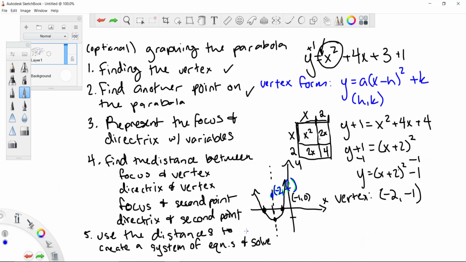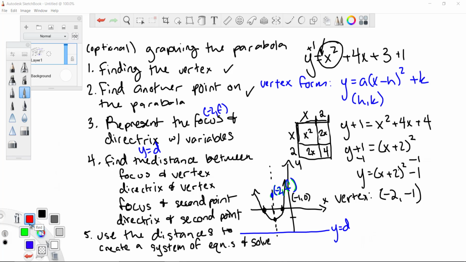And our directrix is still just a straight horizontal line, so it can be y equals d still. So our focus for this new example is (-2, f), and our directrix is y equals d. From this point, we can go ahead and start solving for those distances.